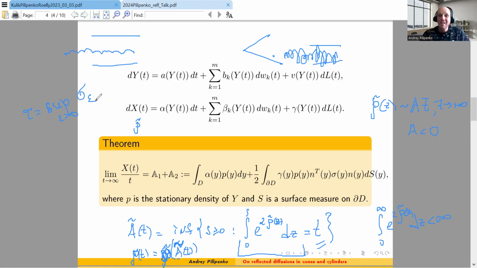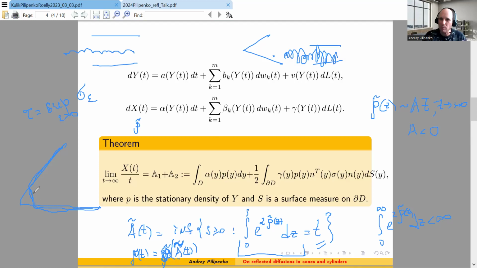Actually, we don't know how to solve our initial equation when you hit the cone. You can solve the problem in every domain, so you can get to every neighborhood of zero.